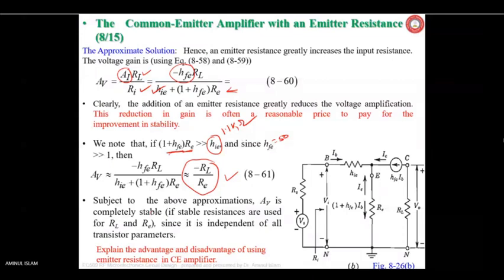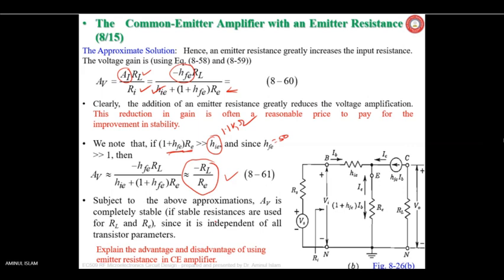You have sacrificed voltage gain, but you see that it depends only on load resistance and emitter resistance. If the material of these resistances is stable, not much varying with temperature, then you are getting the stability. It is independent of the transistor parameters.